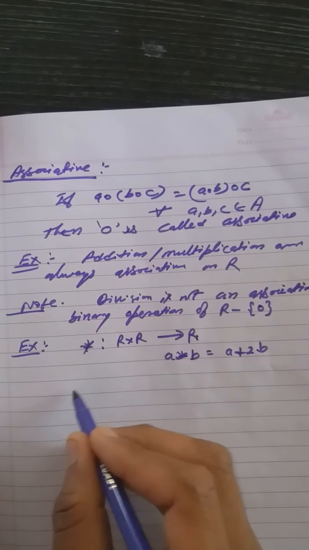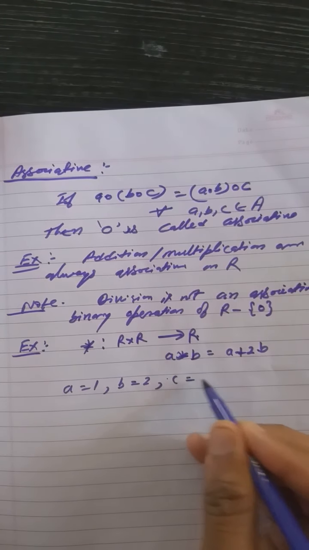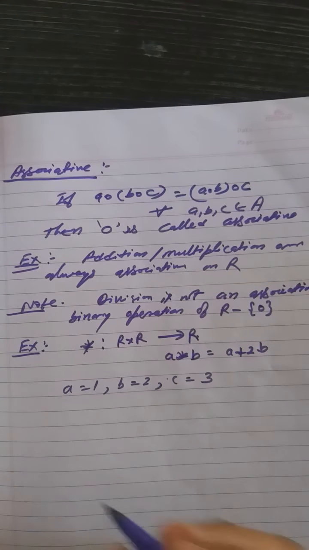Let A equal to 1, B equal to 2 and C equal to 3 belong to the real numbers.